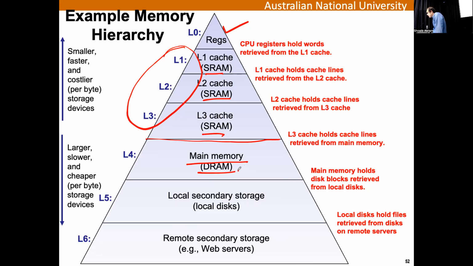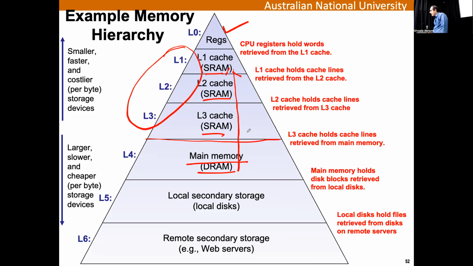When we bring something from DRAM, we don't just bring a byte, we try to bring a block. 64 bytes is very typical. The reason we do that is to exploit spatial locality and temporal locality.